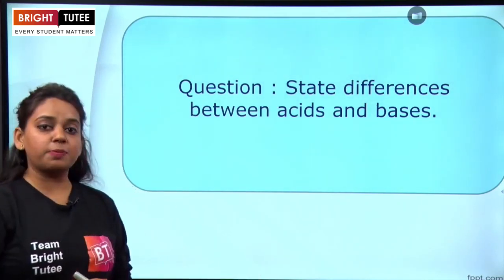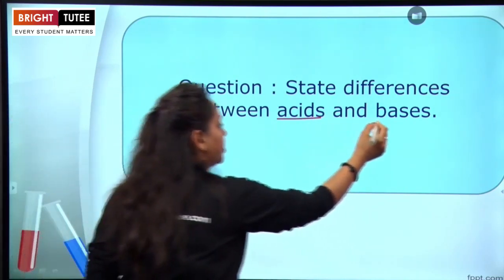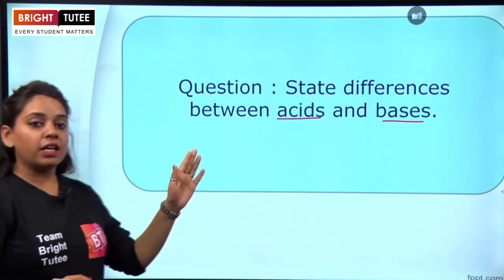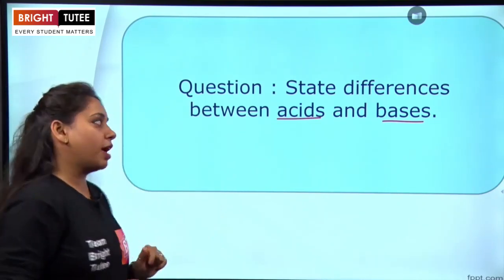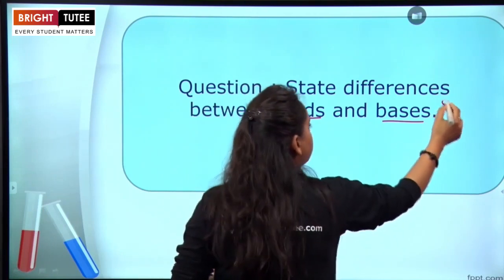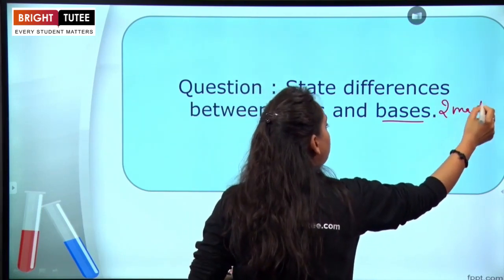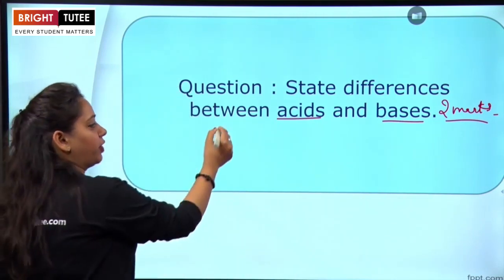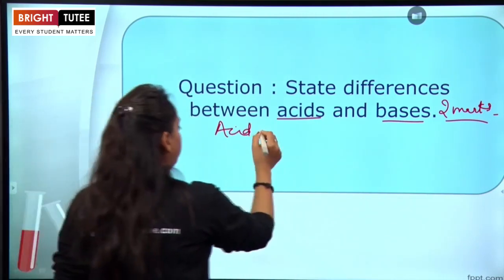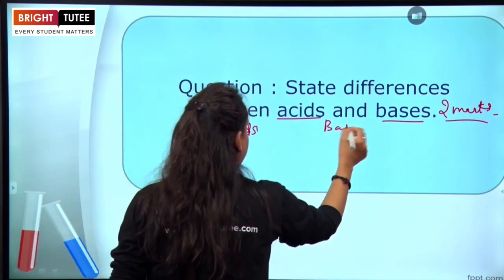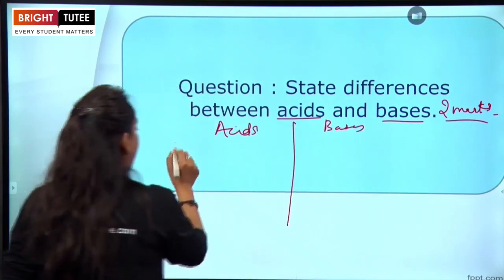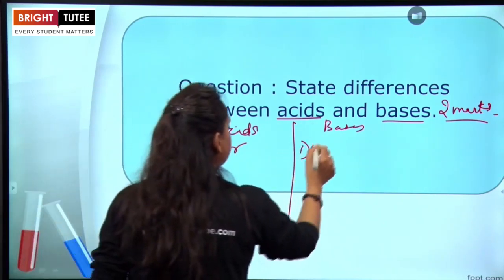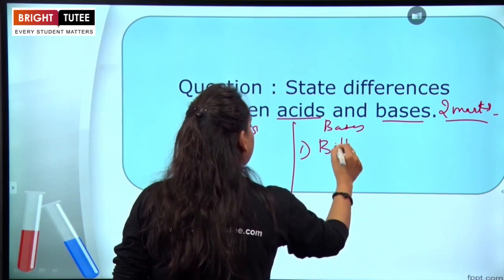State the differences between acids and bases. So children, before answering this question, you should note how many marks this question is asked for. Suppose if it is asked for 2 marks, then you will have to give at least 2 points of differences. So the first point of difference between acids and bases can be, acids are sour in taste, bases are bitter in taste.